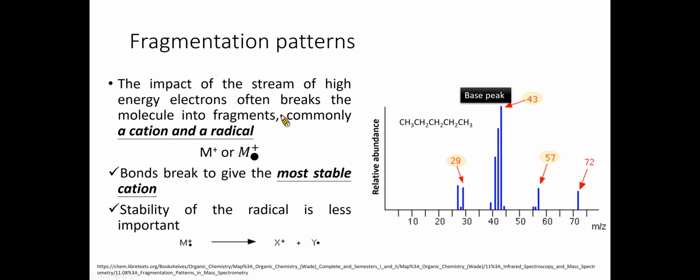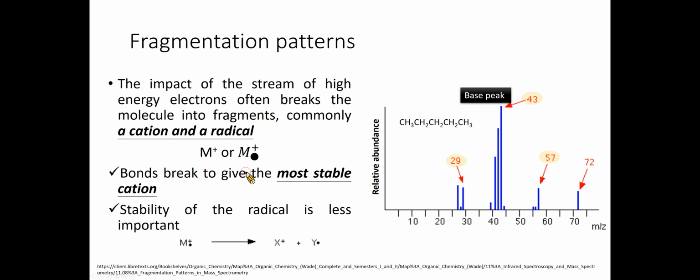The dot in the second version represents the fact that somewhere in the ion there will be a single unpaired electron. That's one half of what was originally a pair of electrons. The other half is the electron which was removed in the ionization process.